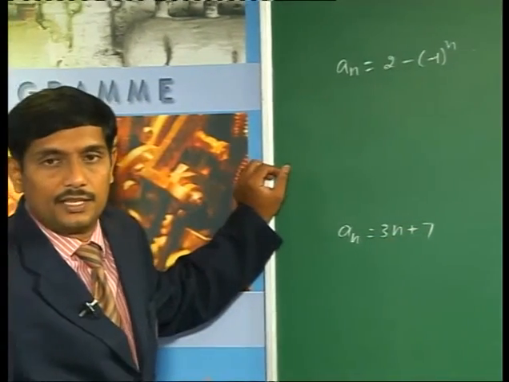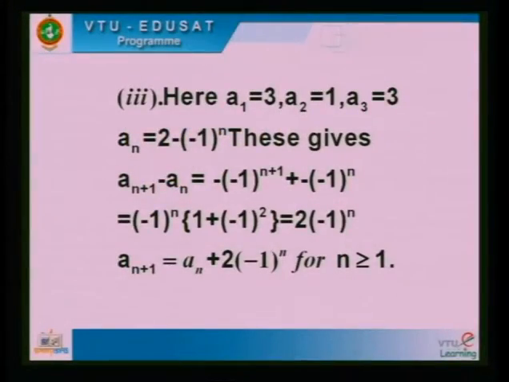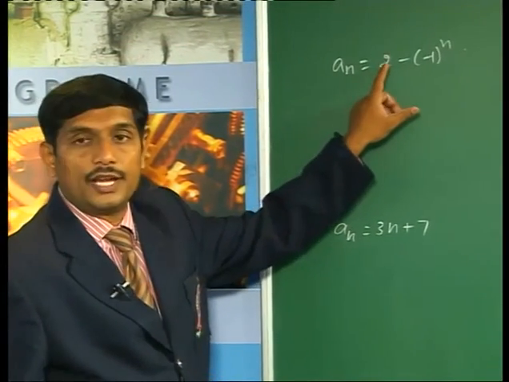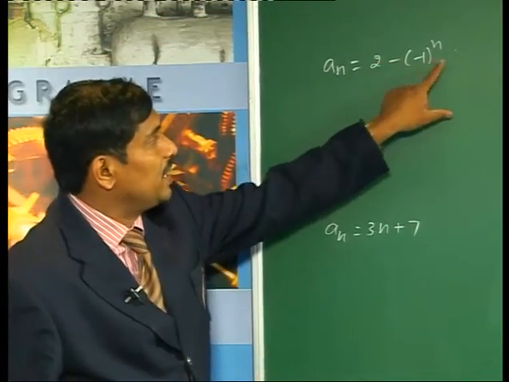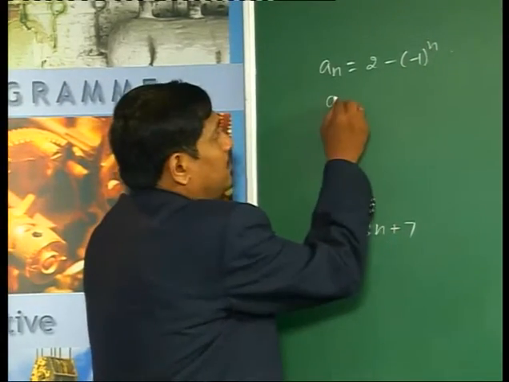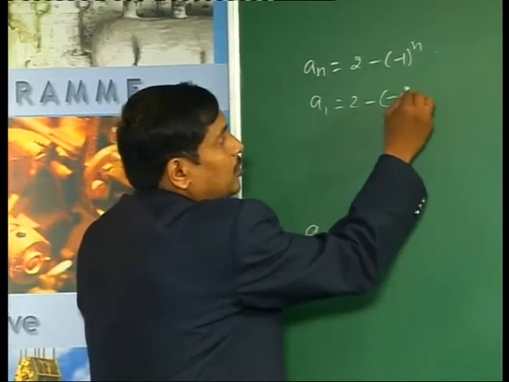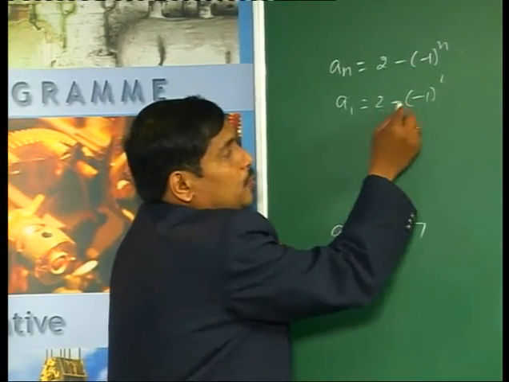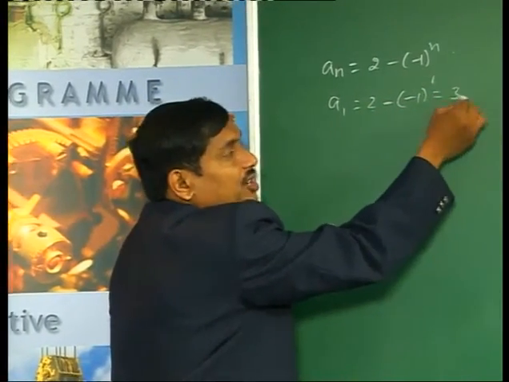Always we can start with the first value a1. If you put n equals 1, you get 2 minus (−1) to the power of 1. Minus 1 to the power of 1 is −1, then 2 minus of minus is plus, you get 3.